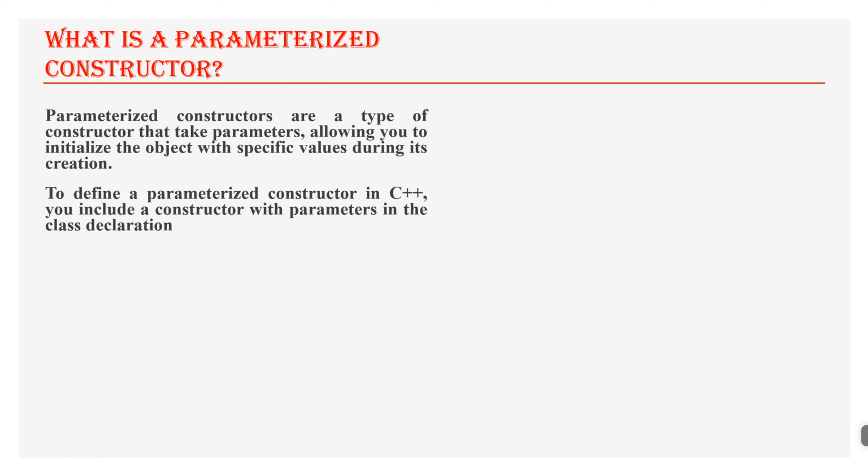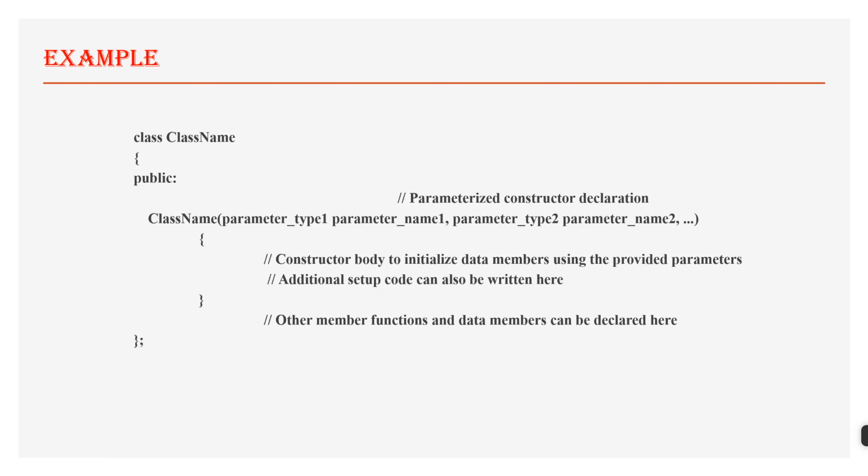It need not be same for everyone. Okay. Now, to define a parameterized constructor in C++, you include a constructor with the parameters in the class definition or class declaration. So you'll be able to understand when I mention the example.